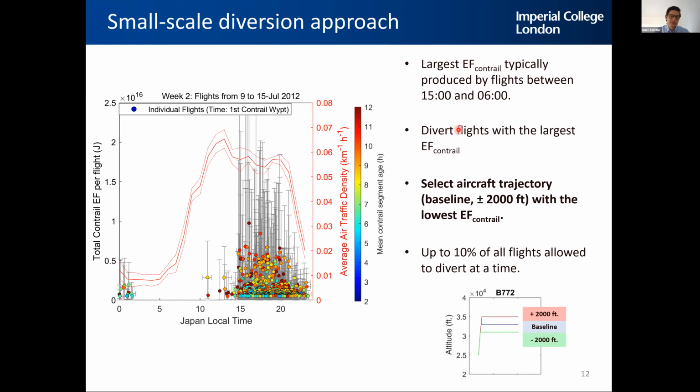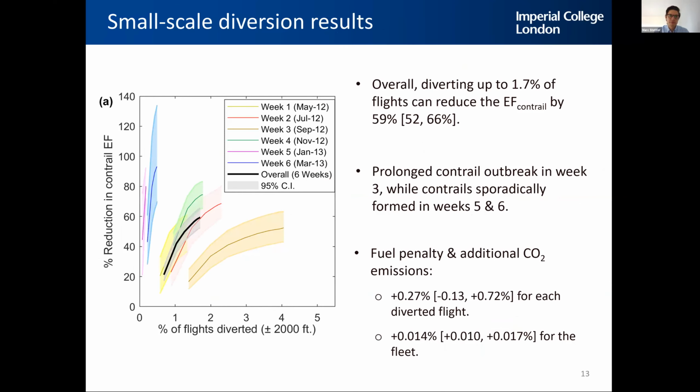So our approach is to divert these flights with the largest contrail energy forcing and look at changing the altitude of cruise by ±2,000 feet, and then changing the cruise altitude to the one with the lowest contrail energy forcing.